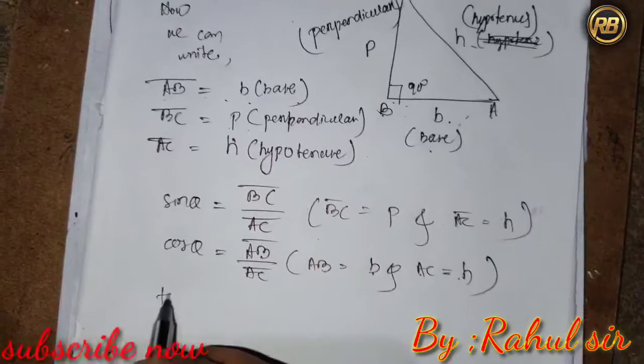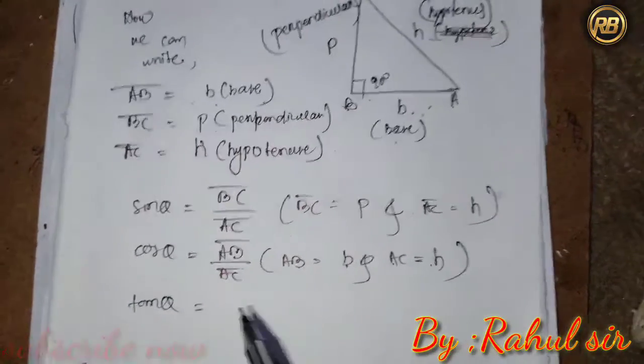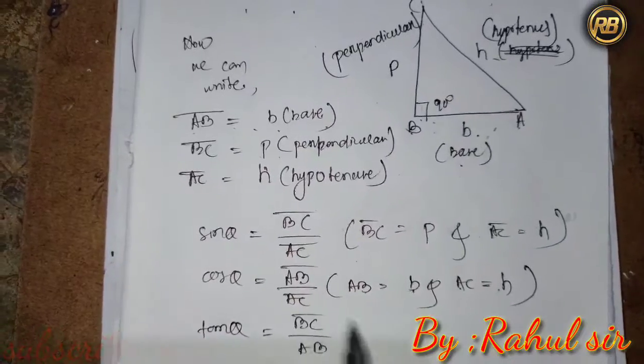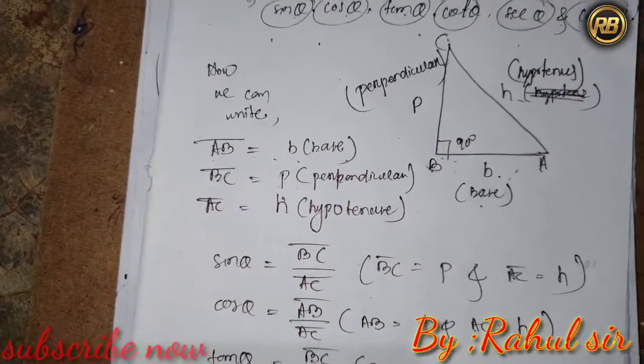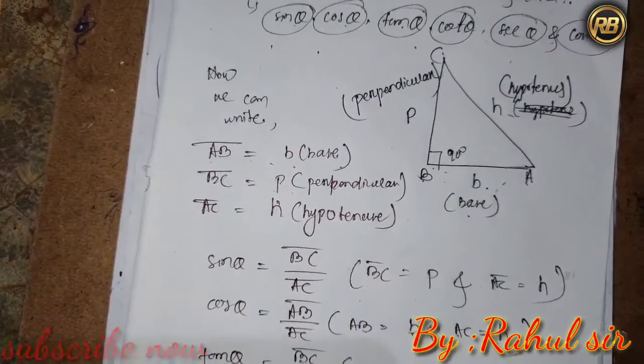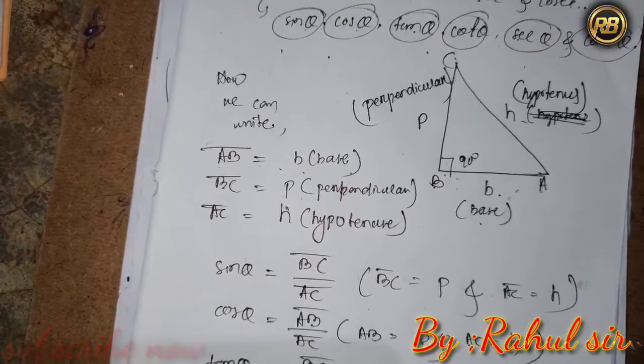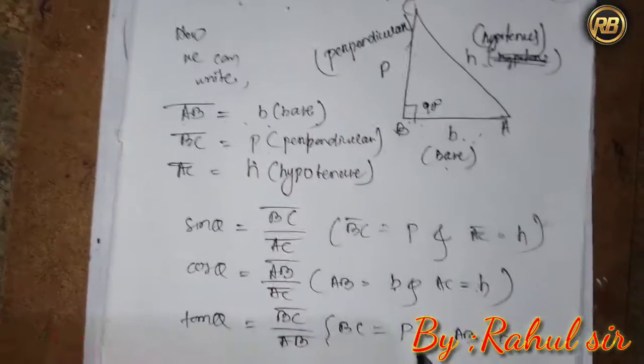Then you can write tan theta is equal to BC by AB, where BC is equal to P and AB is equal to B, B for base and P for perpendicular.